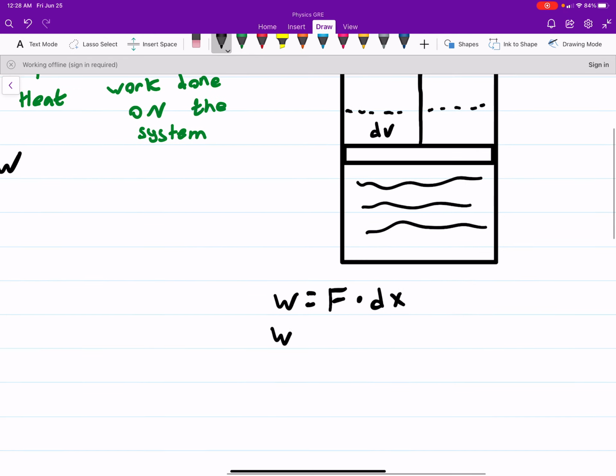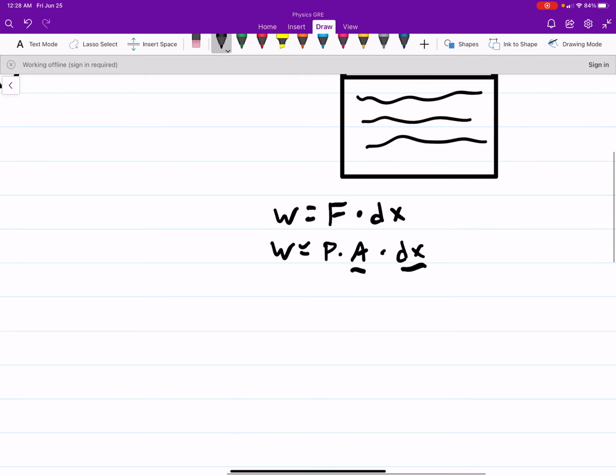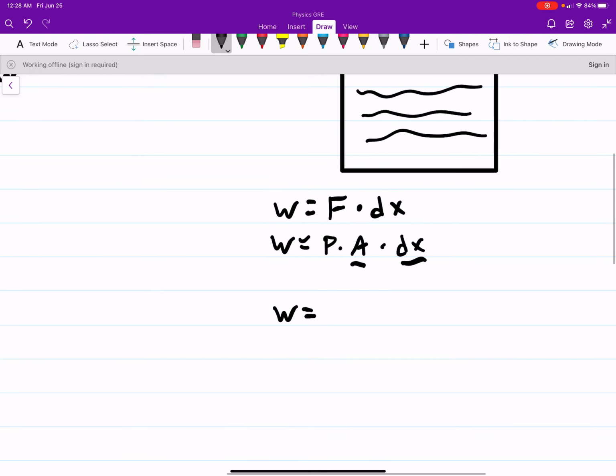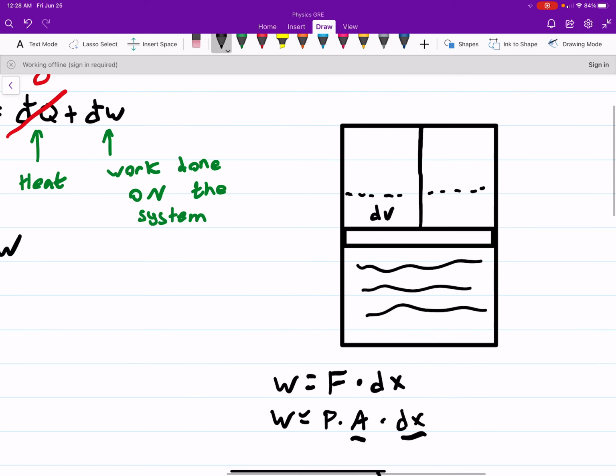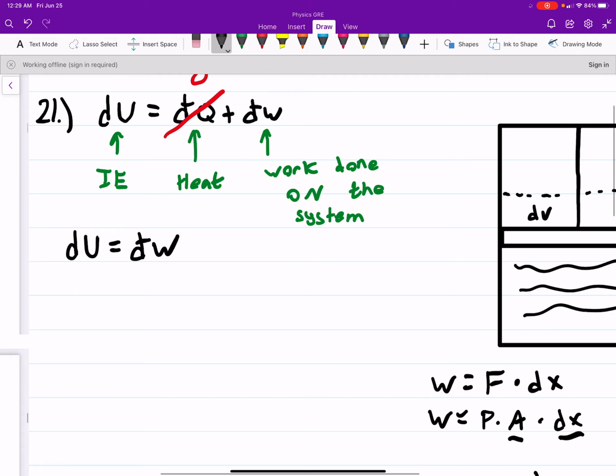We can also say it's pressure times area times dx, just rewriting our force as that. But area times a little bit of dx, that's just dV. And by convention, because of how we're defining work, it's a minus P dV, because we're defining our work to be the work done on the system, not the work done by the system. So in this case, it would be negative. It's just a convention, though.